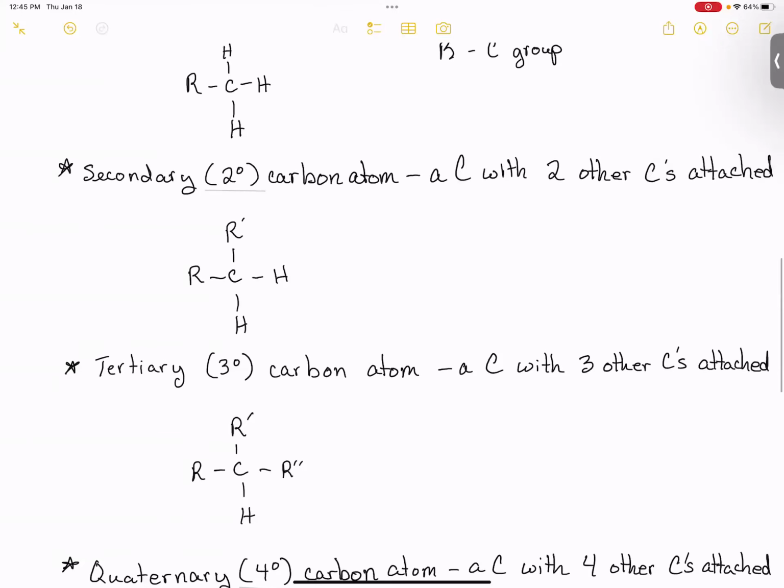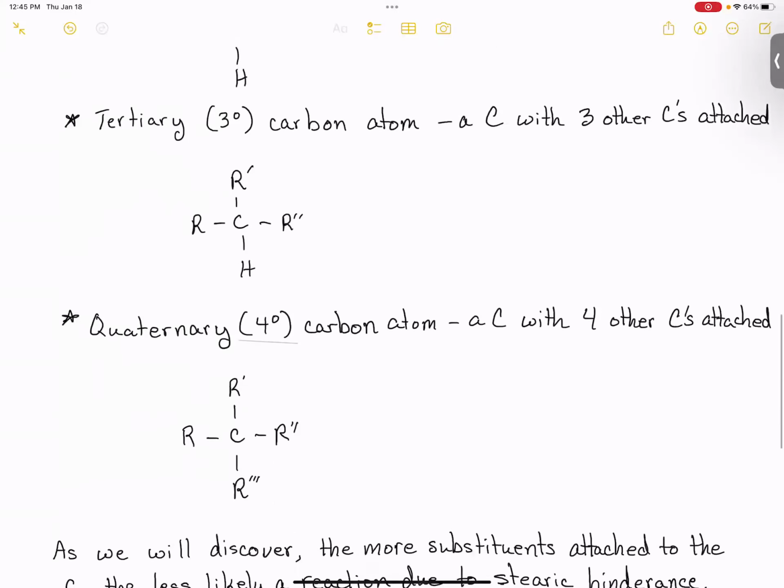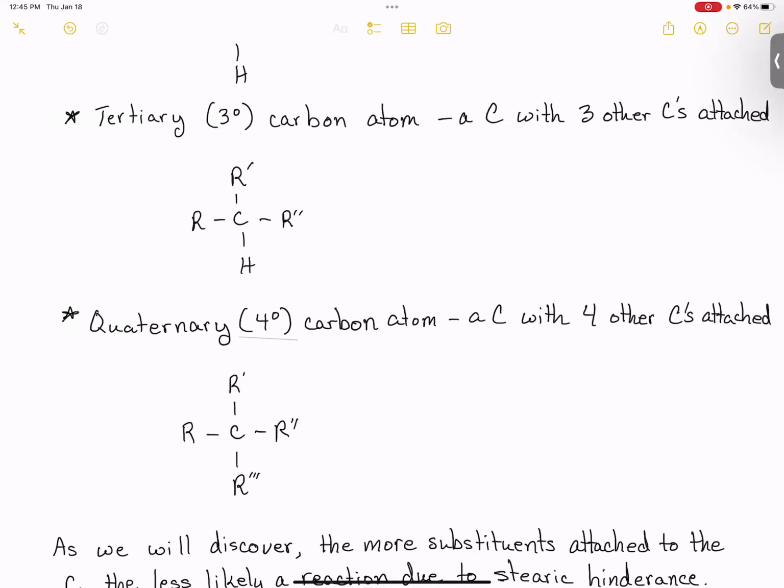The last substitution pattern is what is considered to be a quaternary carbon atom. A quaternary carbon atom is one where there are 4 carbon groups attached to that carbon atom, which you will notice are listed as R, R prime, R double prime, and R triple prime.